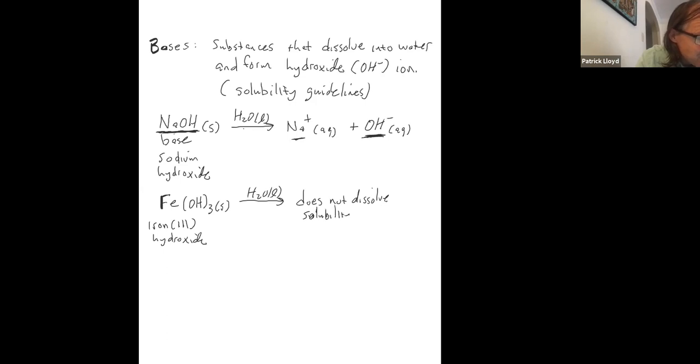If it can't dissolve, it's just going to be a rock, a big solid that can't form any hydroxides. To become a base, something has to be able to produce the hydroxide in water. So this is not a base.